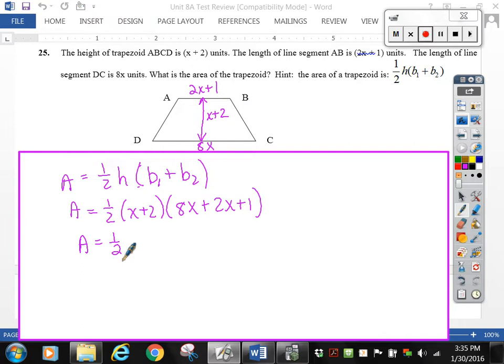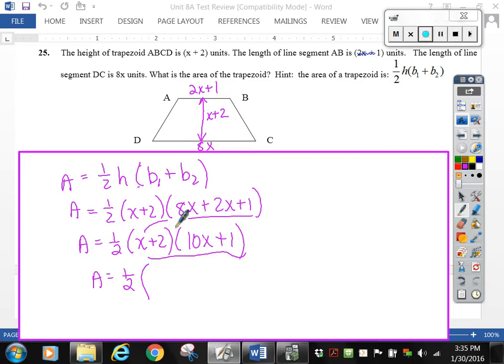So I have 1/2. Now I don't want to deal with fractions, okay? So I'm going to multiply by my polynomials first. Now this polynomial simplifies to 10x plus 1. So I'm going to go ahead and multiply out these first. So I get x times 10x is 10x squared. X times 1 is x. 2 times 10x is plus 20x.